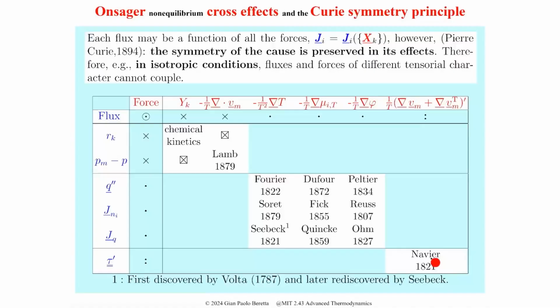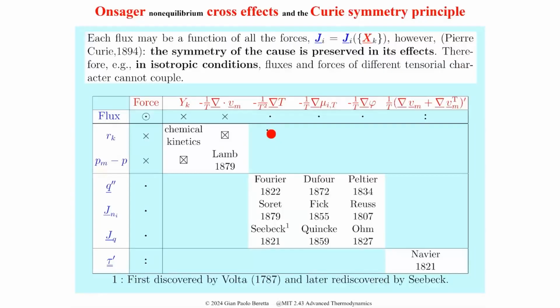But there are also off-diagonal terms. These are called cross effects, and in some cases, some of these cross effects are forbidden by symmetry reasons.